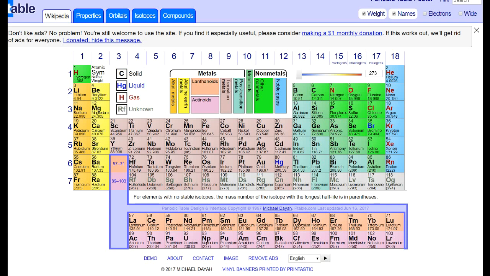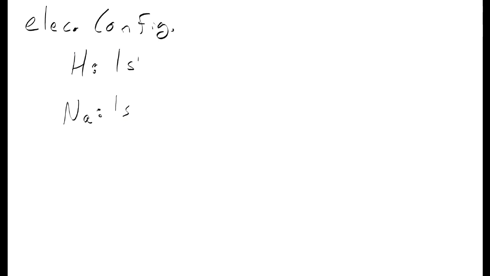So 1s2, 2s2, 2p6, 3s1. So 1s2, it has two 1s electrons. It has two 2s electrons. It has 6 2p electrons. And finally, a single electron in the third energy level, S sublevel.